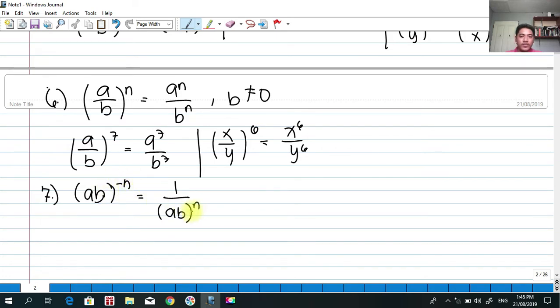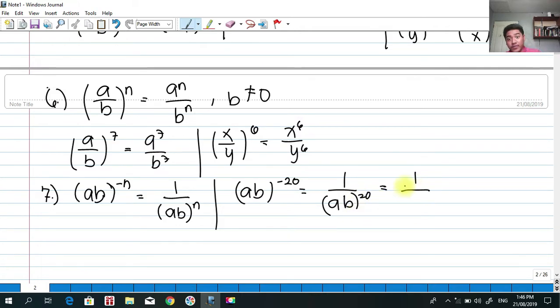From negative, it has changed to positive. Example: ab raised to negative 20. That should be equal to 1 over ab raised to 20. We get the reciprocal and change this into a positive exponent. We can simplify this further as 1 over a raised to 20, b raised to 20.